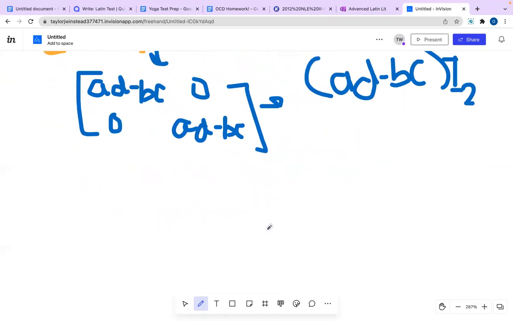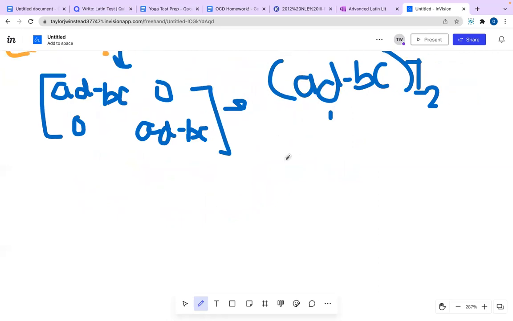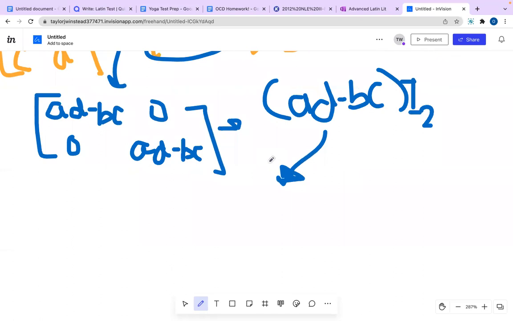So we can flip this around, right? Because if we know that AD minus BC doesn't equal 0, what we can write is this 1 over, and this should look really familiar because we've dealt with this before.